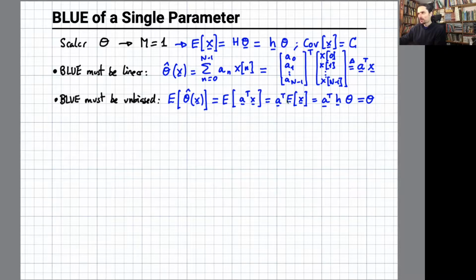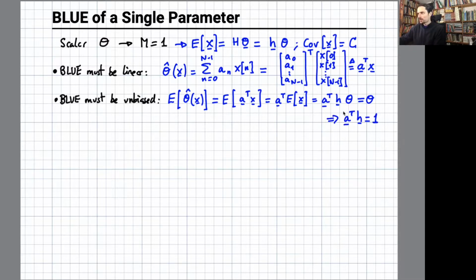And now just by using this assumption, this can be expressed as A transpose H times this scalar theta, right? The condition that the estimator is unbiased is that its expectation equals theta, and therefore we have this equation, okay?